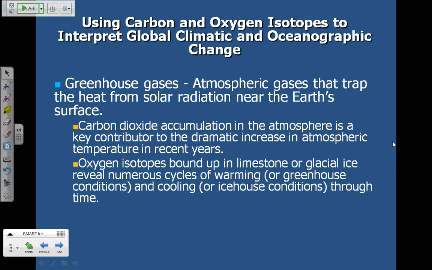Okay, just quickly I want to talk about this. We call this stable isotope analysis, and we use carbon and oxygen isotopes to look at global temperatures through time.